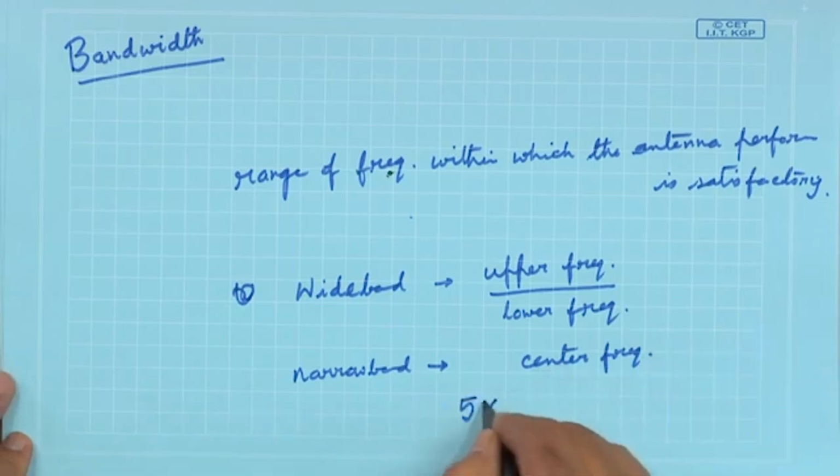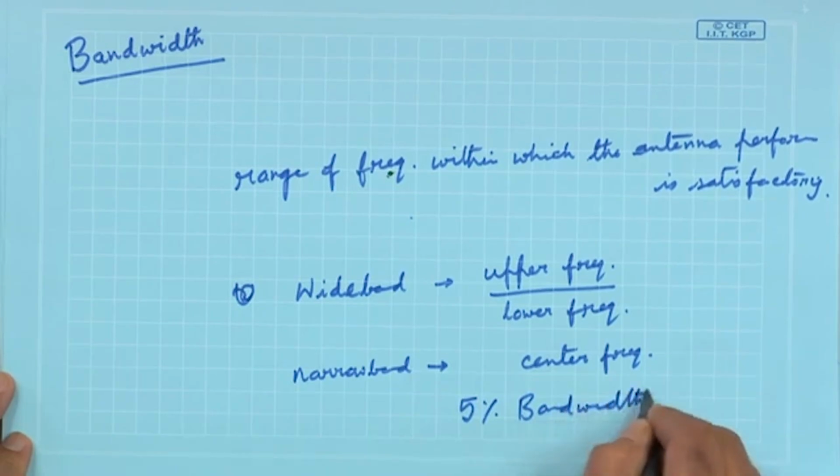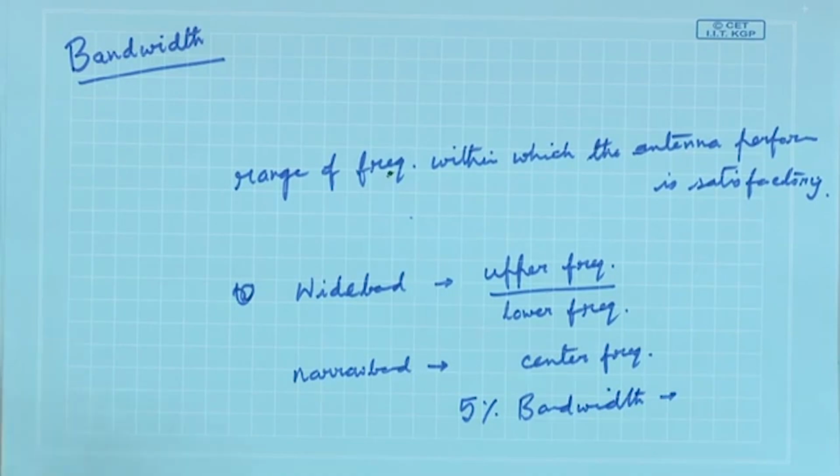So, people say 5% bandwidth. Now, what is the meaning of 5% bandwidth? 5% bandwidth means the frequency difference of acceptable operation is 5% of the center frequency, 5%, 10%, etc.